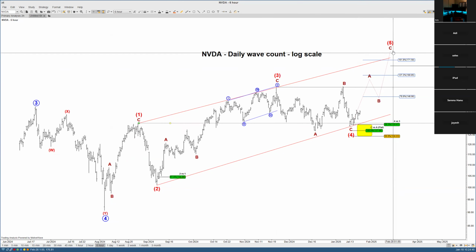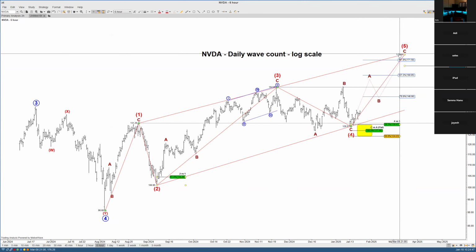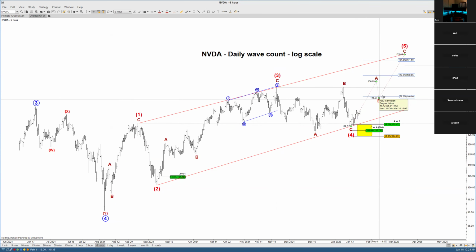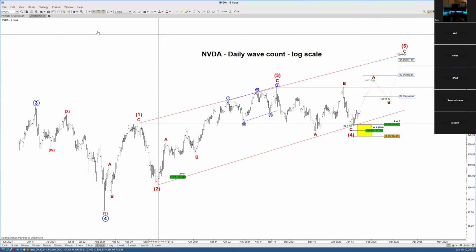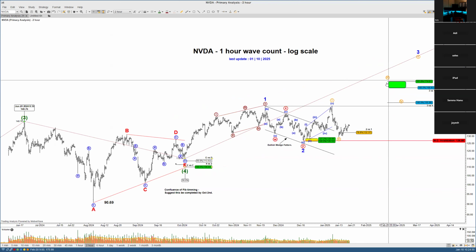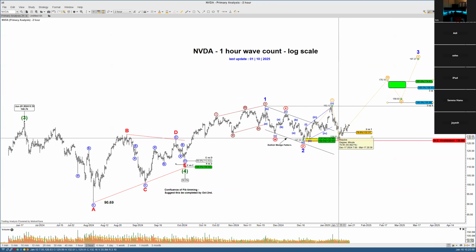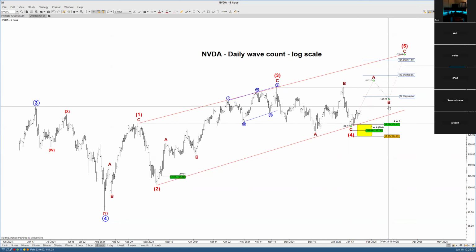And now from here, you still need three waves to the upside, A, B, C. So if we make a case here of this third, as long as this thing holds, or if we consider this, both lead us to the upside.